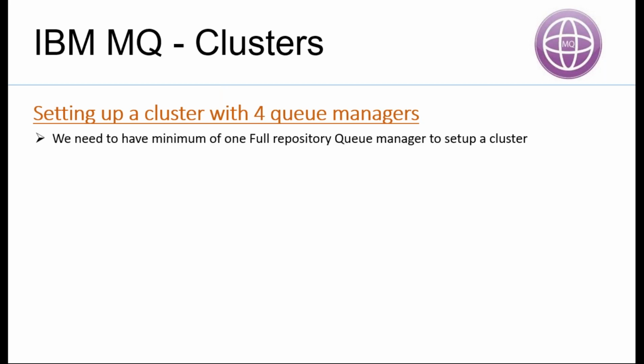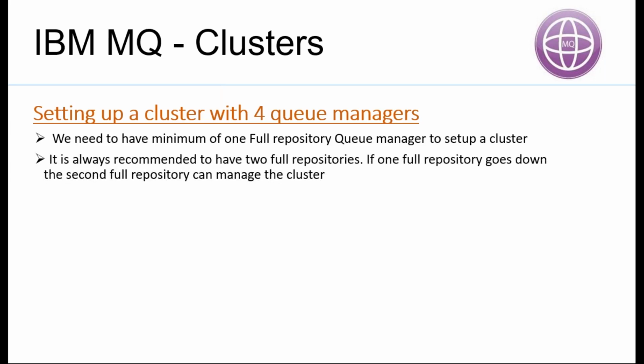We need to have a minimum of one full repository queue manager to set up a cluster. A cluster is always a combination of full and partial repositories. So a minimum of one full repository must be there. Without a full repository, you can't build a cluster. But it is always recommended to have two full repositories, because if one full repository goes down, the other full repository can take care of your cluster.